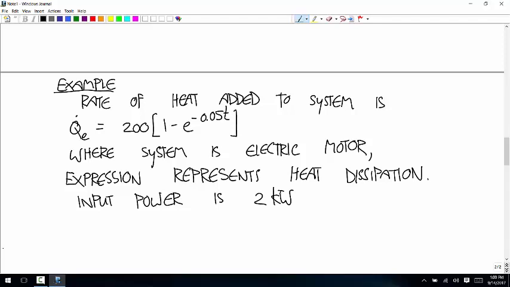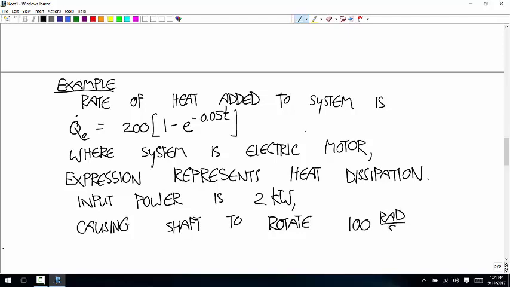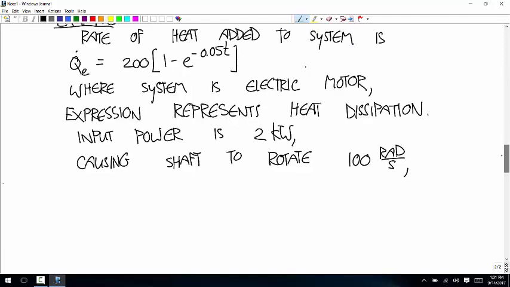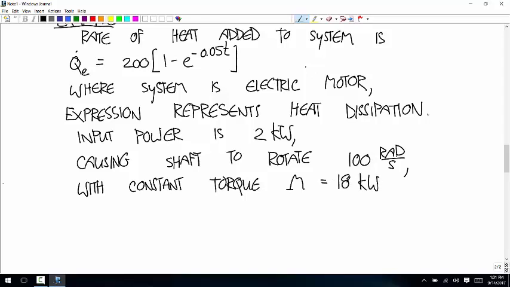And it's a motor, which means it's causing a shaft to rotate at 100 radians per second, with a constant torque M for moment of 18 kilowatts.